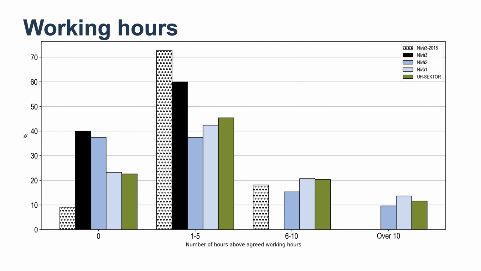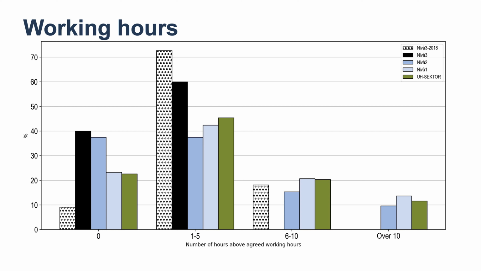Work hours in a normal week. Here, two different questions are asked to technical, administrative staff and scientific staff. Employees with fixed working hours or flexible working agreements were asked how many hours per week they worked beyond the agreed working hours and hours that can be taken off.